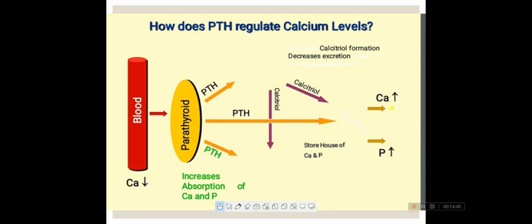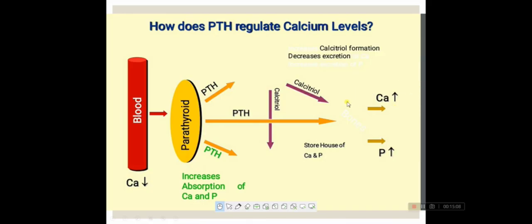How does the parathyroid hormone regulate the calcium levels in the blood? As I told you, if the calcium blood levels are too low, then the parathyroid glands will release the parathyroid hormone into the blood, which will cause the calcium level to rise. All right.